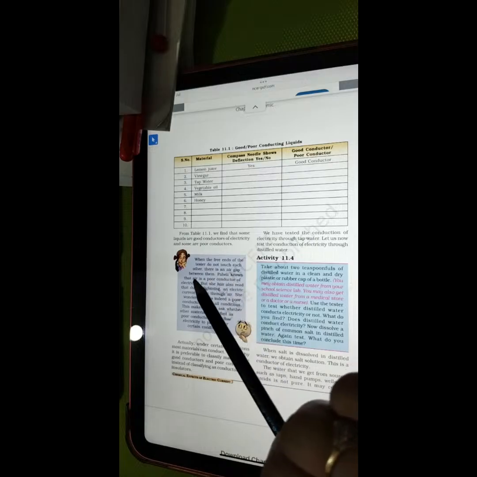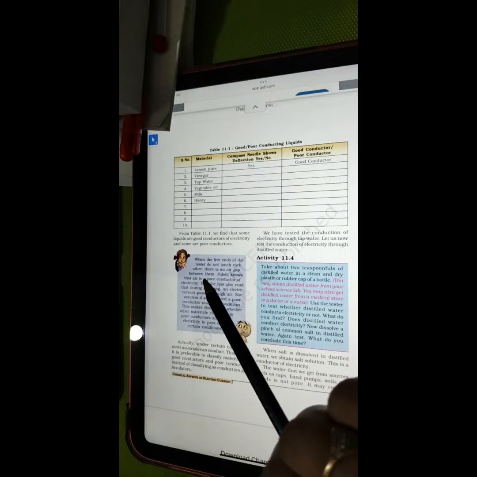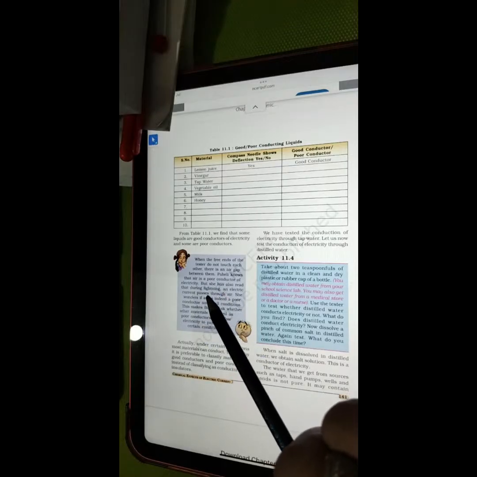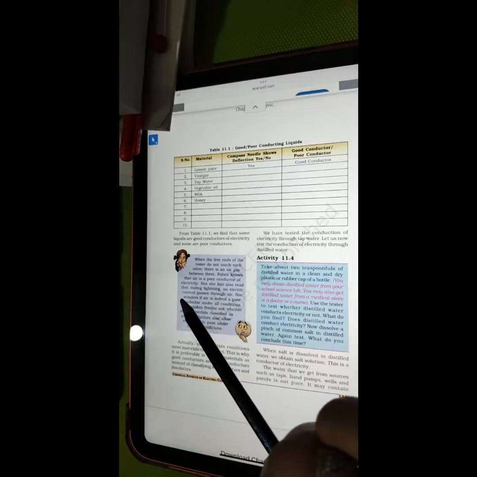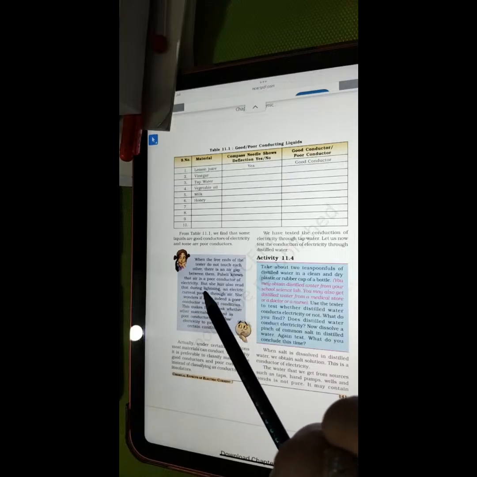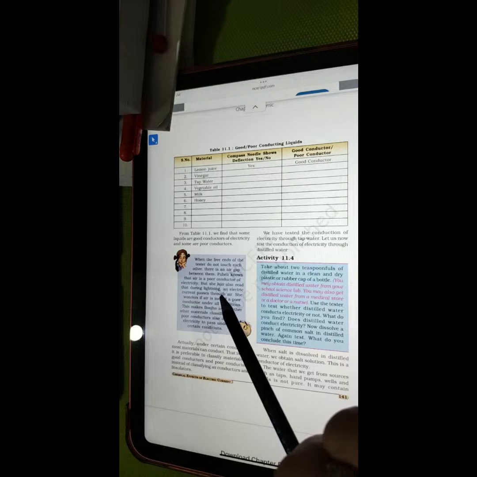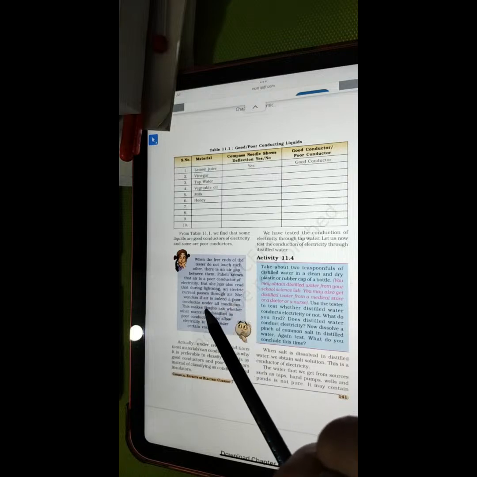When the free ends of the tester do not touch each other, there is an air gap between them. Paheli knows that air is a poor conductor of electricity, but she has also read that during lightning, an electric current passes through air. She wonders if air is indeed a poor conductor under all conditions.